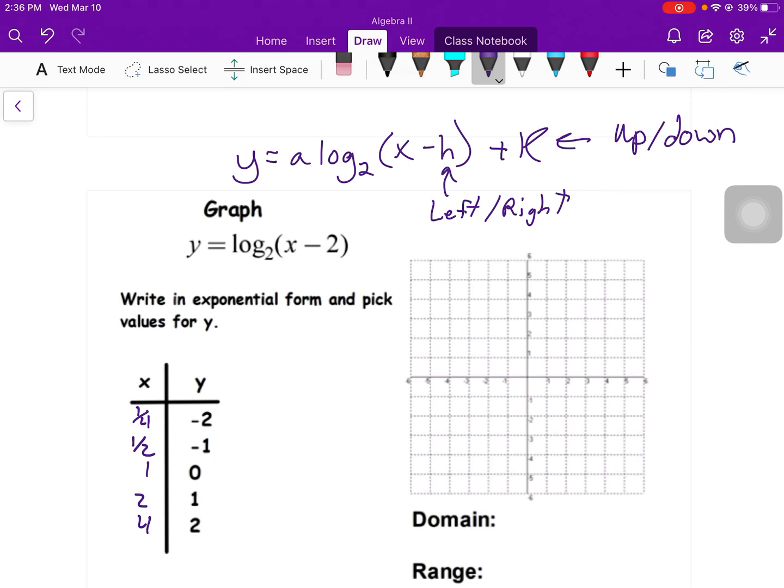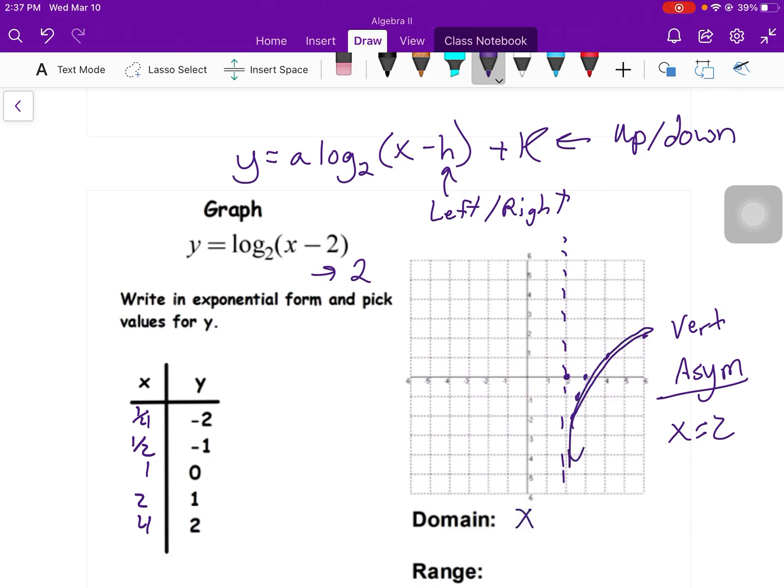Because that 2 is inside parentheses, I'm going to move everything to the right 2. So I'm going to plot from there. Well, that's going to move my vertical asymptote to x equals 2. And from here, I'm going to go over a fourth, down 2, over a half, down 1. And it's going to look like this.